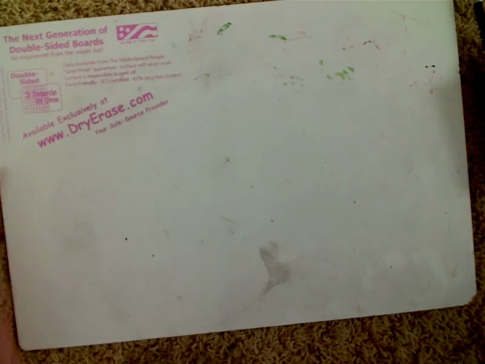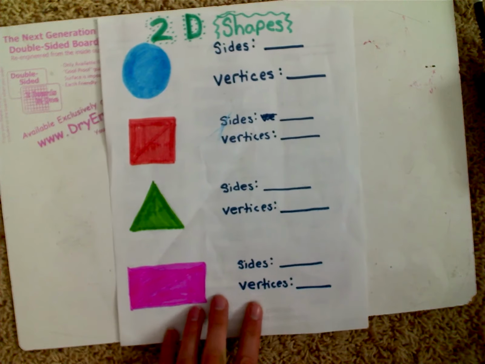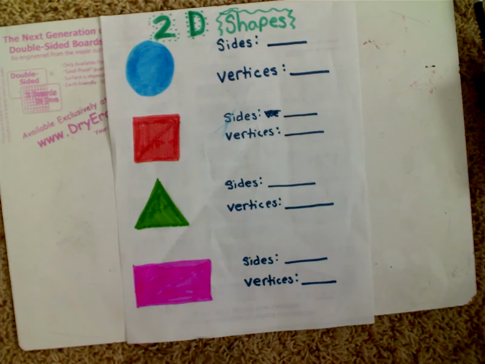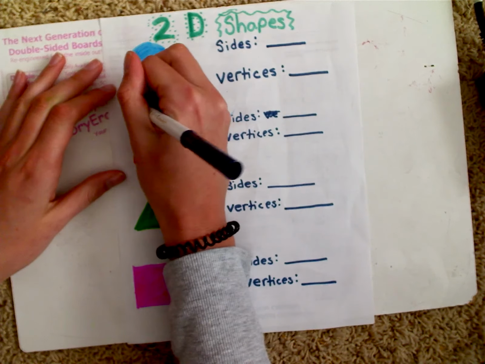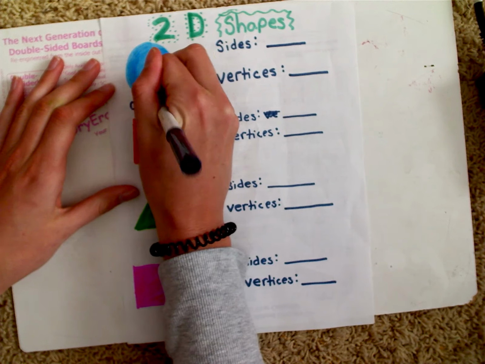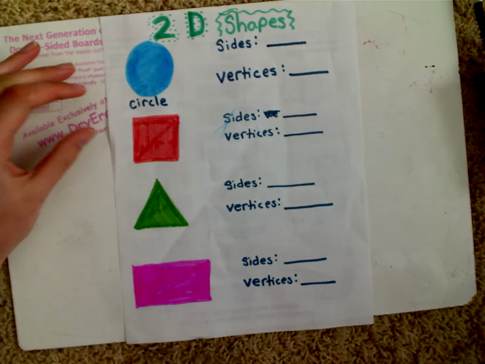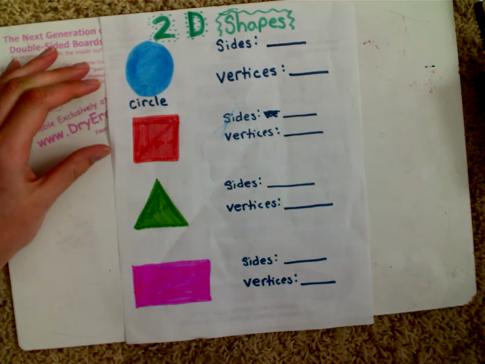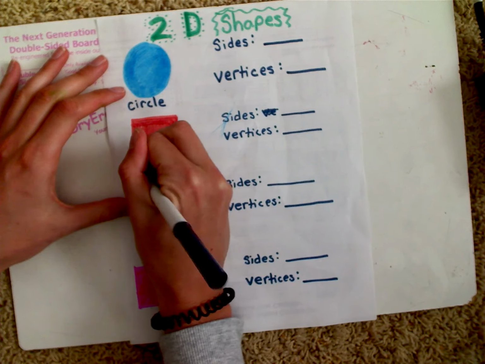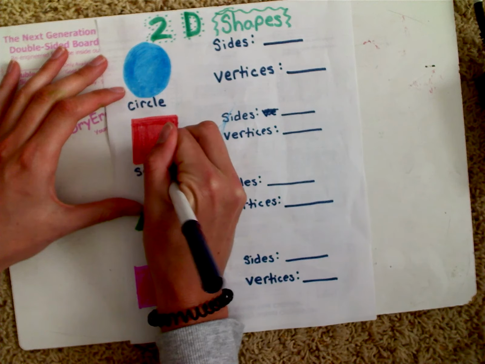So we are going to go ahead and look at our 4 most common 2D shapes that we talk about. The first one is, go ahead and say it. You're right, it's a circle. The next one is, awesome, a square.